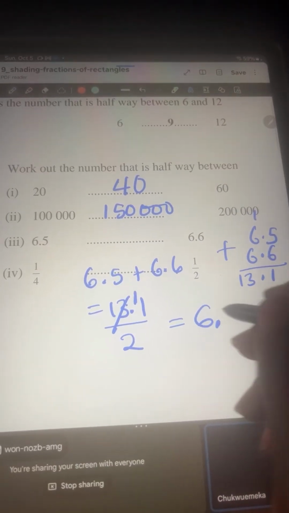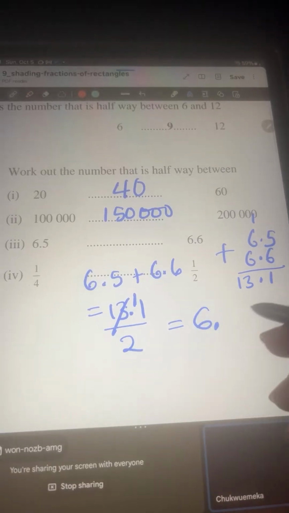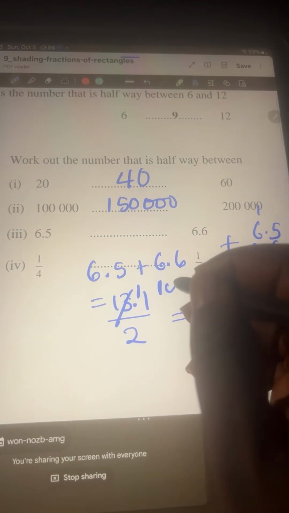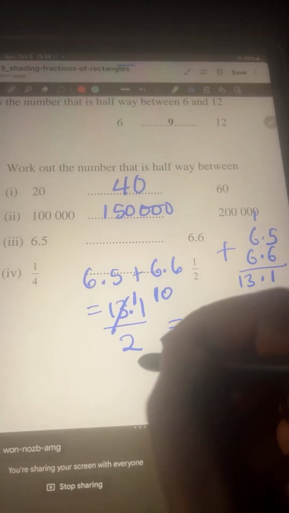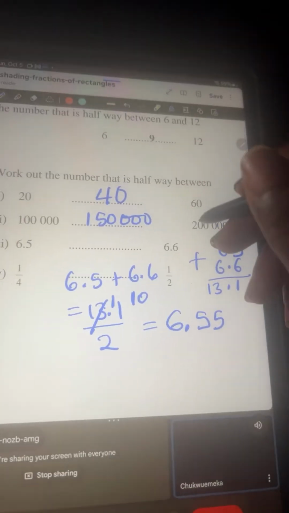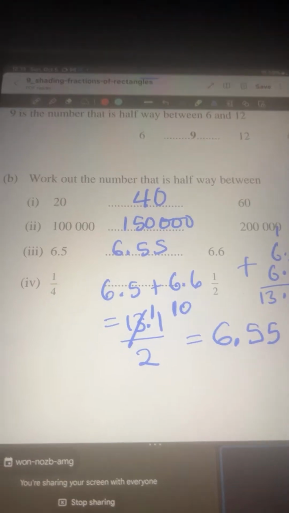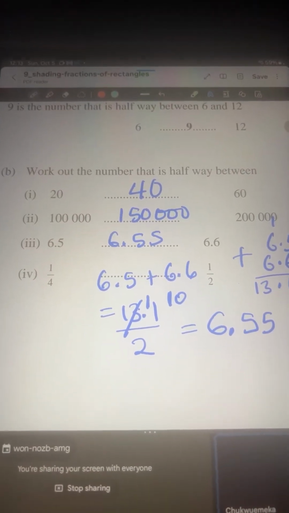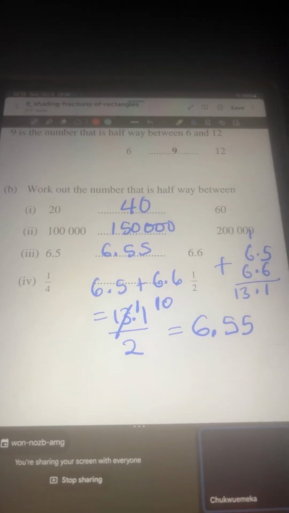Remember to put your decimal point. 11 divided by 2 will give us 5, remainder another 1. Add 0 to it, it becomes 10. And 10 divided by 2 is the same thing as 5. So the answer is 6.55, okay? So 6.55 is the number in between 6.5 and 6.6.